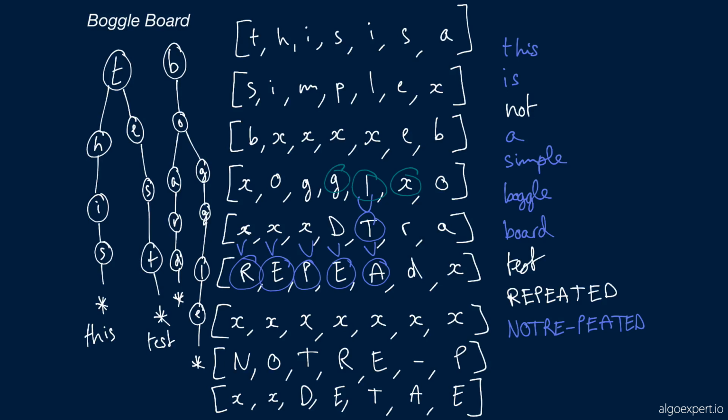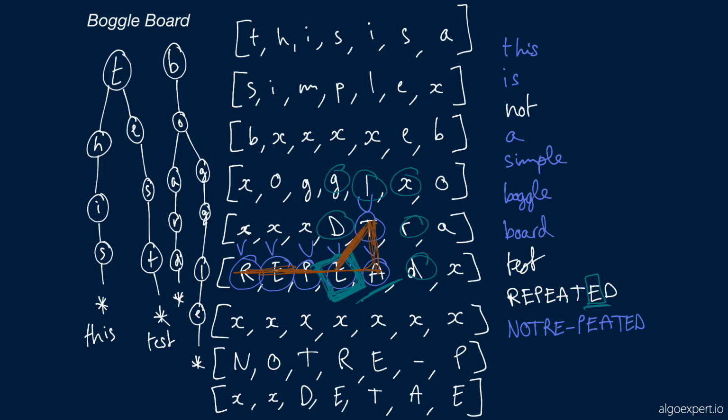This is going to be visited. This. And this is going to be visited, right? This is what we would want. We would want another E, right, for repeated. But this E is already visited in this branch, right? In this particular branch, where we go, let me do it in brown, where we go like this, E has already been visited.